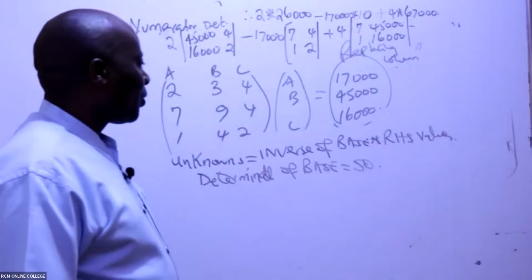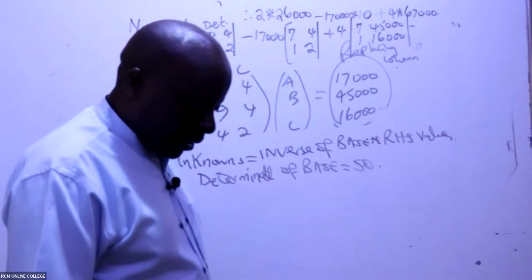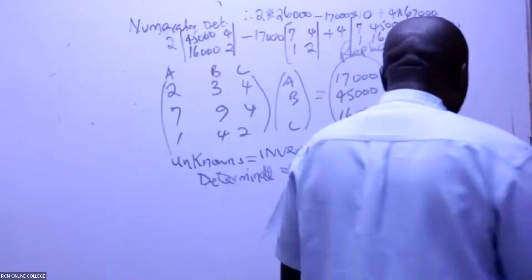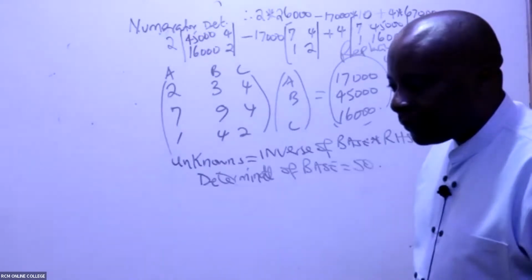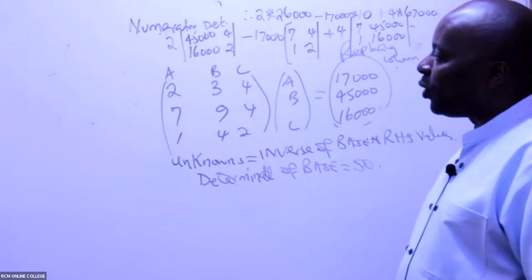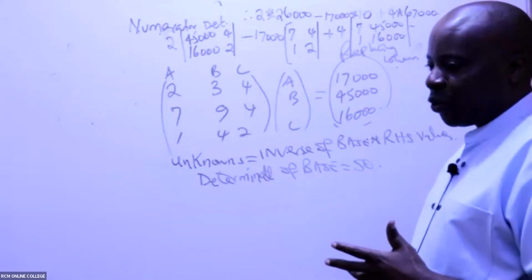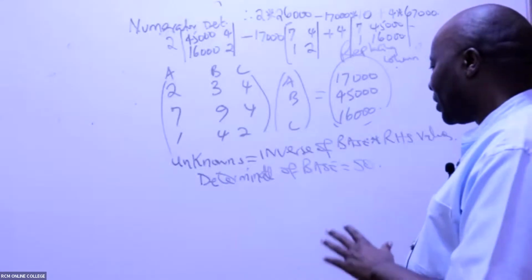The determinant of the base, in this case, is 50. Is that okay? Now from there, we go ahead and find what we call the minors. We find the minor matrices.